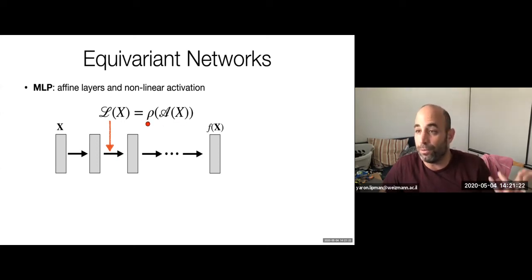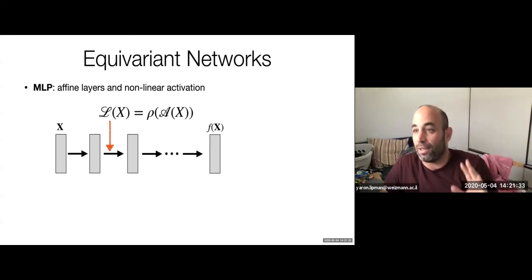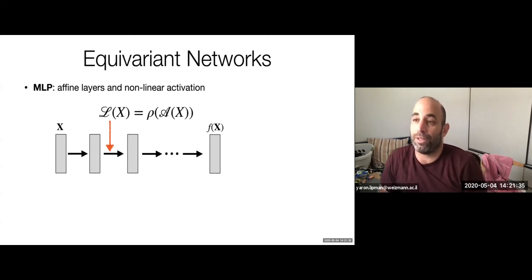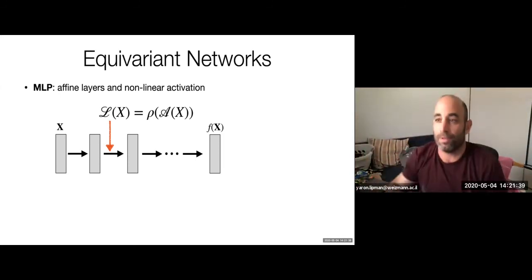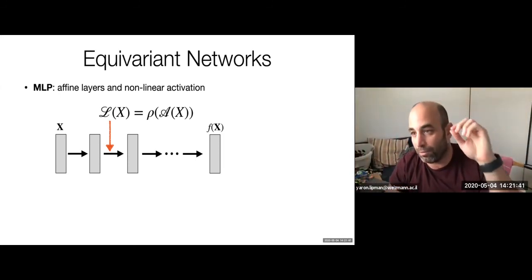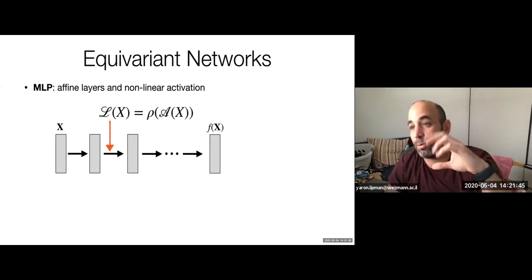So for example, ReLU. Now, one thing that is good for us is that whenever you do an entry-wise function, linear, not linear, doesn't matter, it's an equivariant operation by construction. This is a small exercise. If you take every entry in a vector and apply ReLU, then this operation is equivariant.